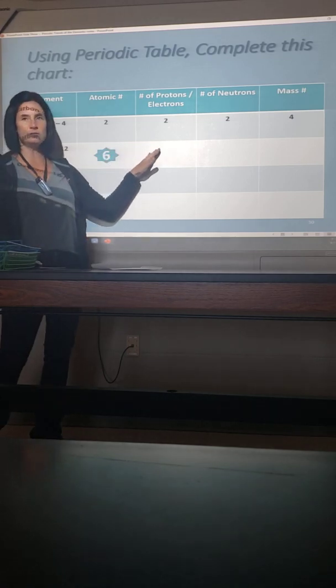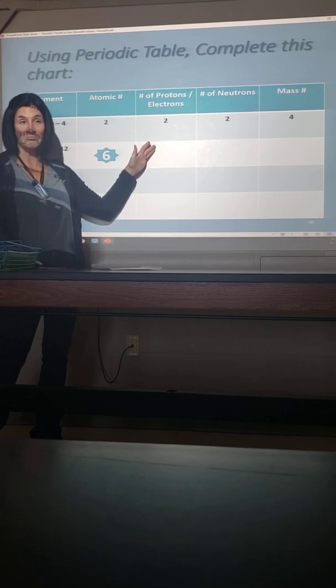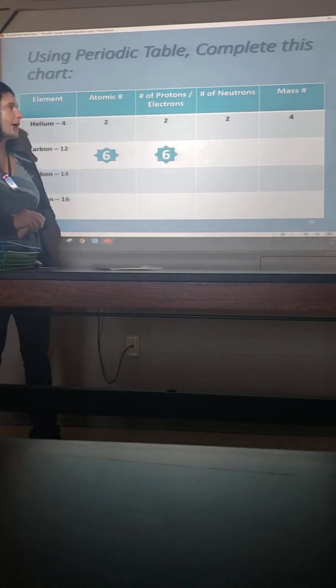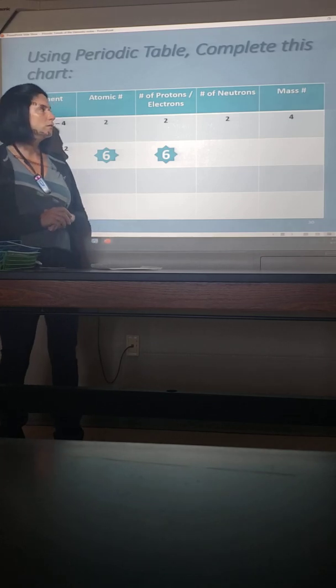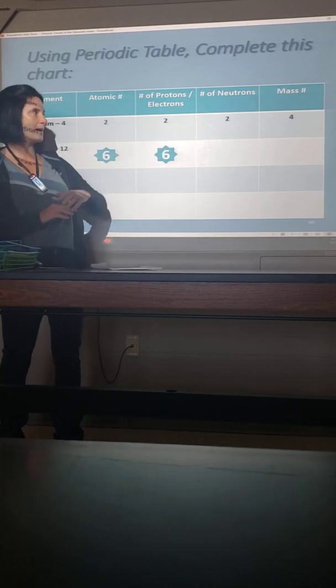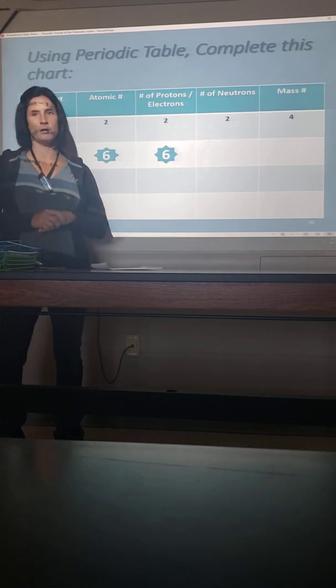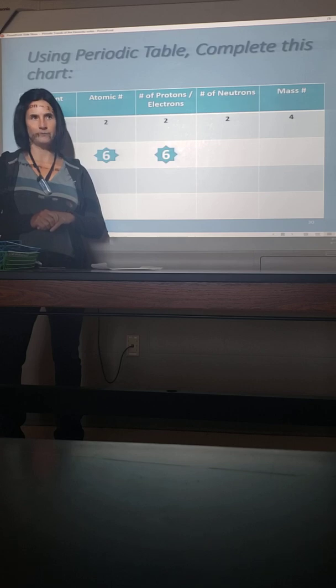So by default, how many protons do we have? 6. And how many total electrons then? 6. Okay? Now let's go to the mass number first. What is the big number? 12.